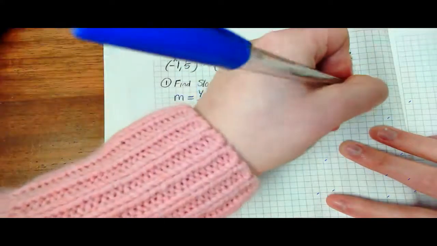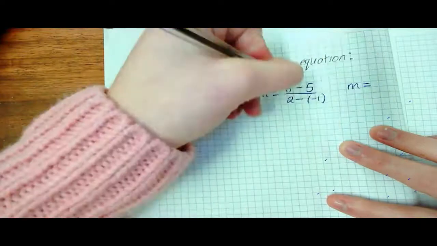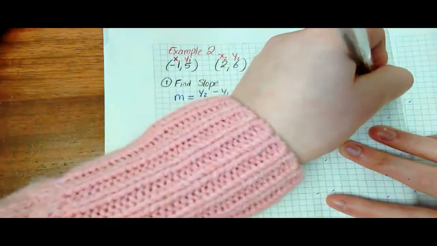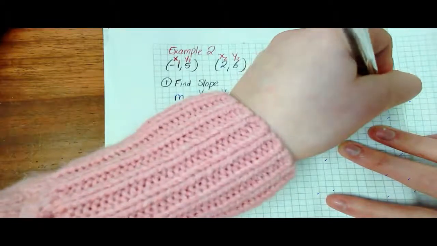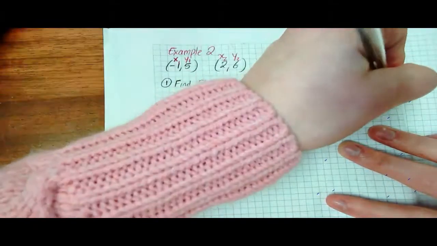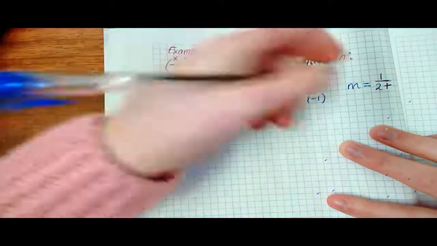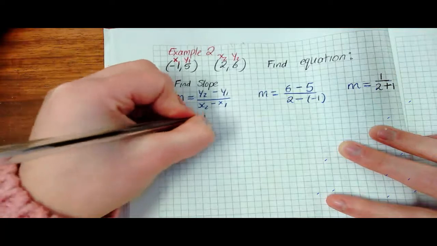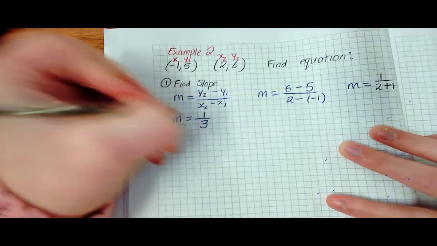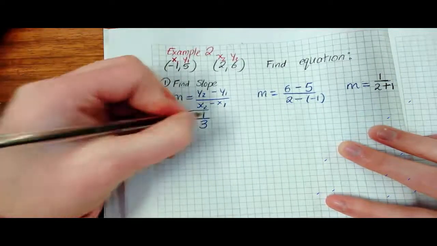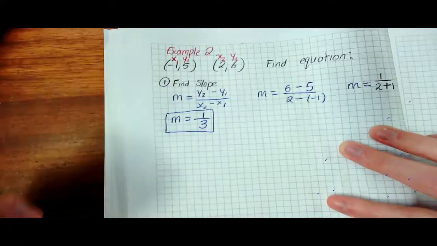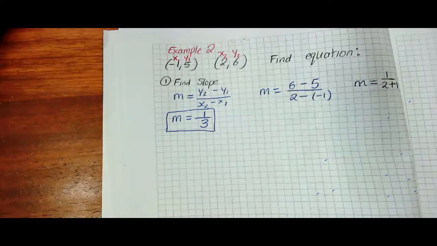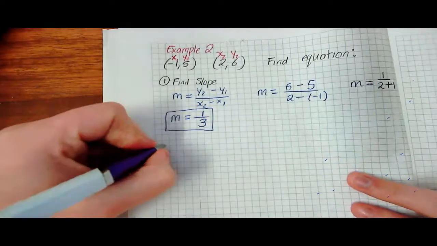So my slope then is equal to 6 take away 5 is 1 over 2 minus by minus is plus 1. Okay, so my slope then is equal to 1 over 2 plus 1 is 3. So my slope there is a third. And then the second thing I need to do is find the equation.